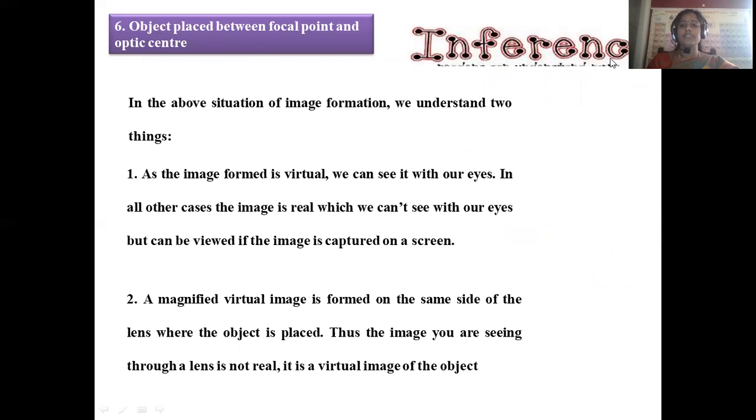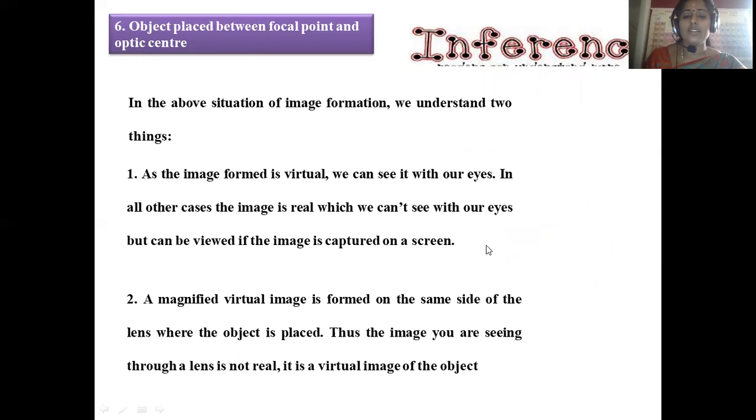Let us see what inferences are drawn from situation number 6. What are the inferences? As the image is virtual, we can see it with our eyes. A virtual image can be easily visible to the human eye, and in all other cases the image will be real, except situation number 6. The remaining are all real images, which we can't see directly.